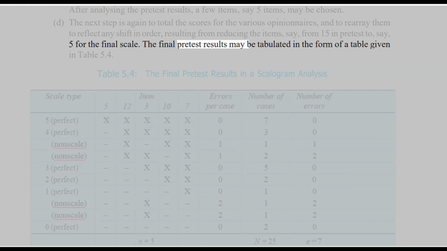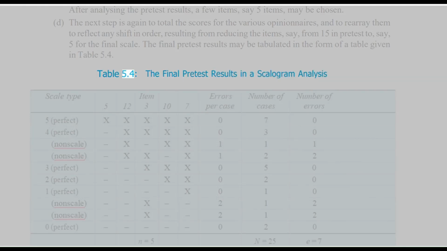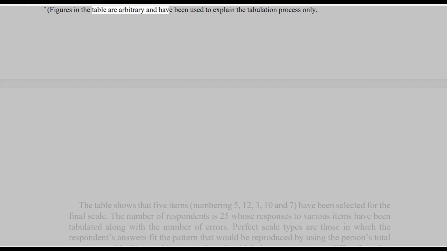The final pretest results may be tabulated in the form of a table given in Table 5.4. Table 5.4. The final pretest results in a scaleogram analysis. Pause the video to look at the table. Asterisk. Figures in the table are arbitrary and have been used to explain the tabulation process only.